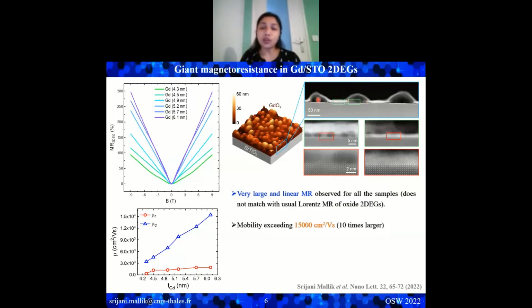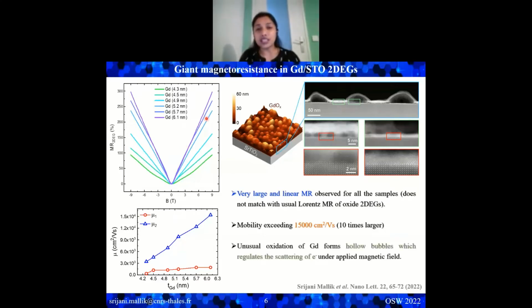So what we understood is that below the bubbles and beside the bubbles, the electron mobility gets strongly changed. And because of this, instead of having a normal usual MR, we started seeing this very large linear MR. But I will not discuss this sample much, although we saw a lot of interesting properties in it, because it will not match today's topic of discussion.